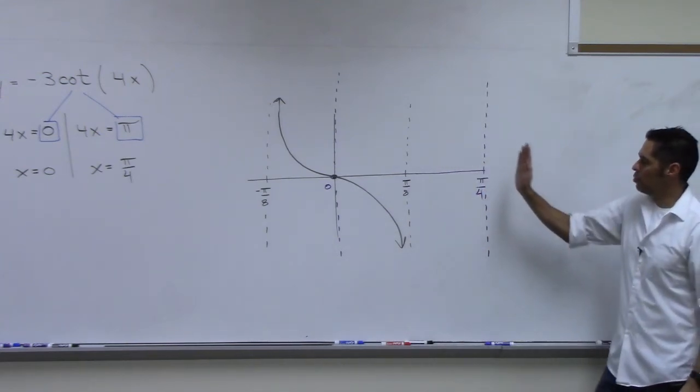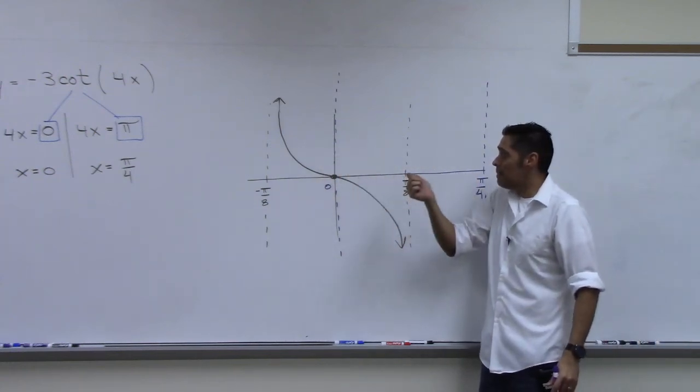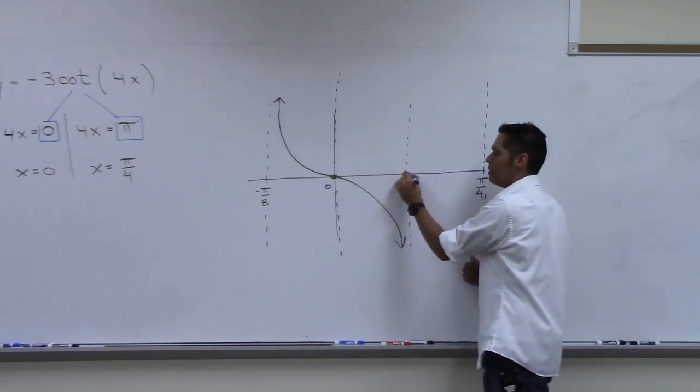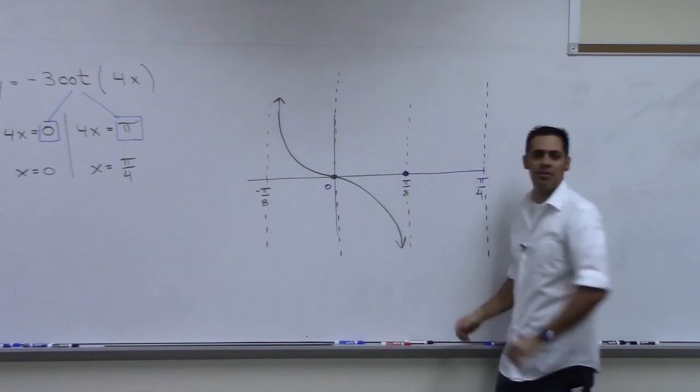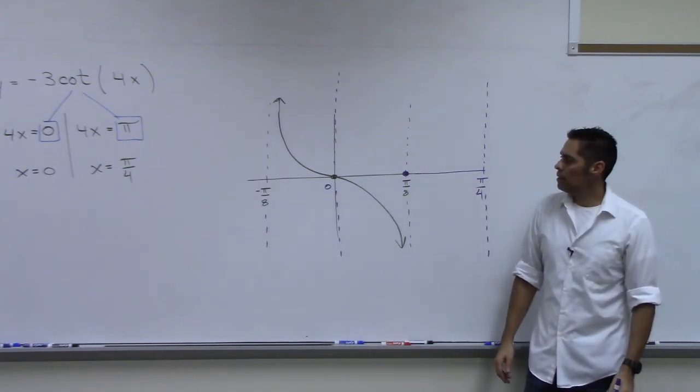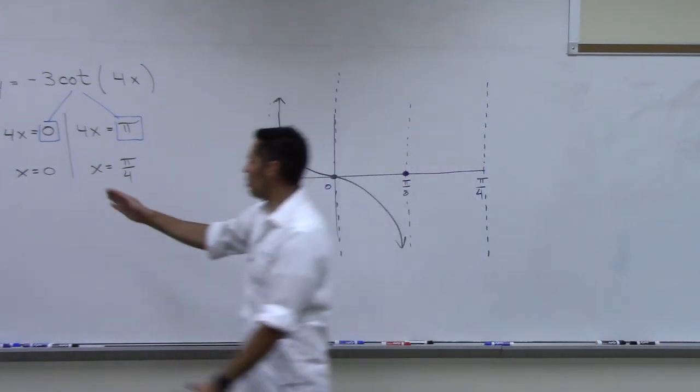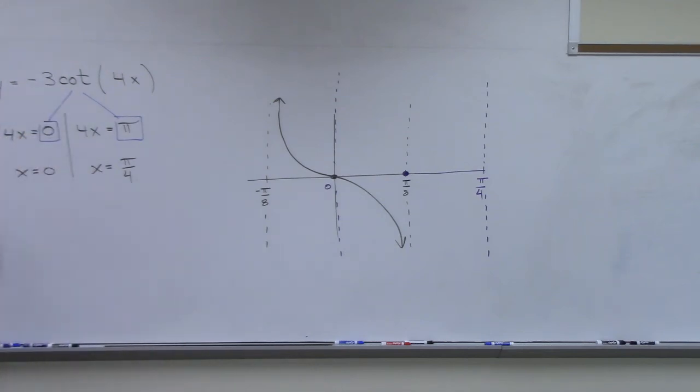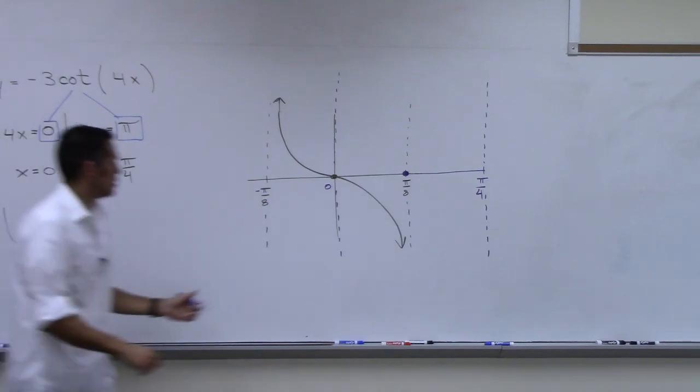And then between these two asymptotes, right in the middle, I have the x-intercept. Basic cotangent functions are supposed to look like this. That's what a cotangent looks like. But because it's negative, it's flipped. So this side comes up and that side goes down. So it's going to look like this.